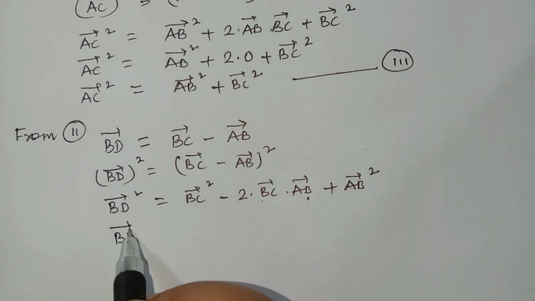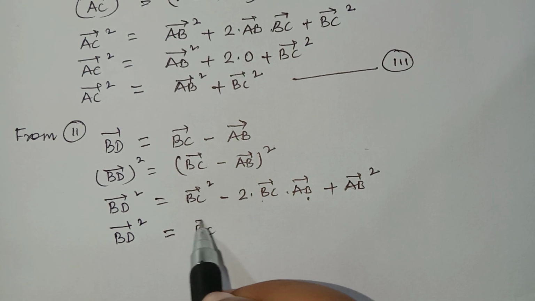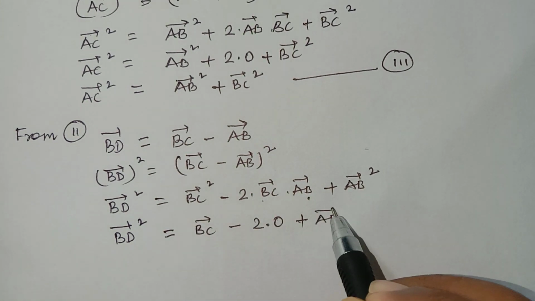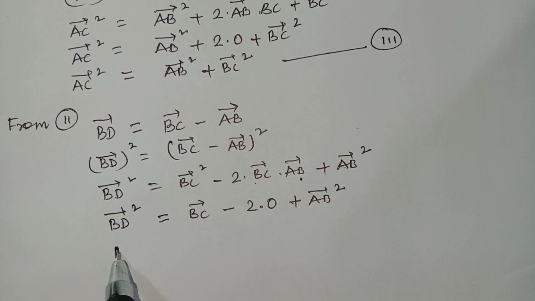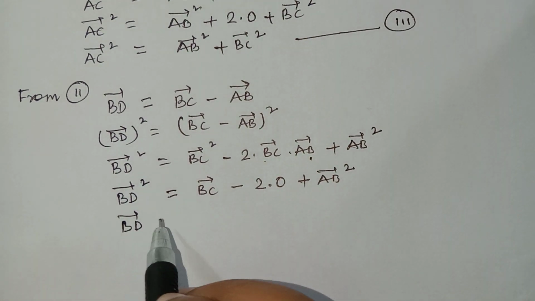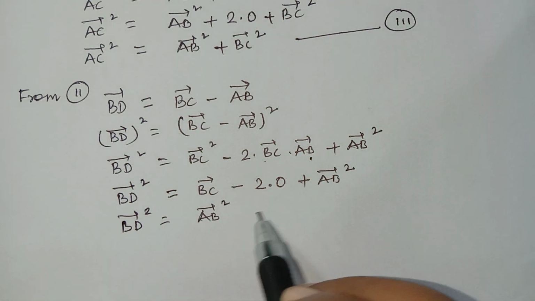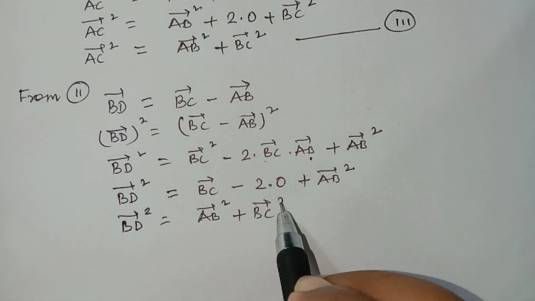So BD square equal to BC square minus 2 times 0 plus AB vector square, and BD vector square is equal to AB vector square plus BC vector square.